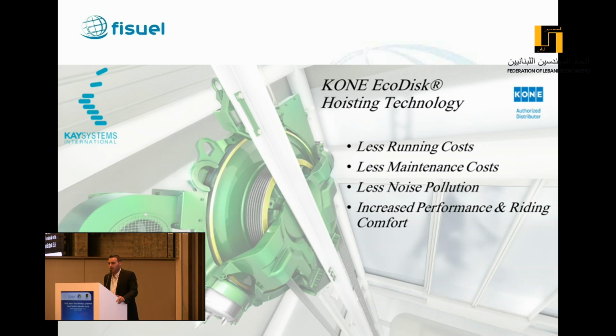In 2012, this machine was totally redesigned, providing several advantages. The new innovative copper winding system reduced the amount of energy lost as heat, making Kony elevators even more energy efficient than before.